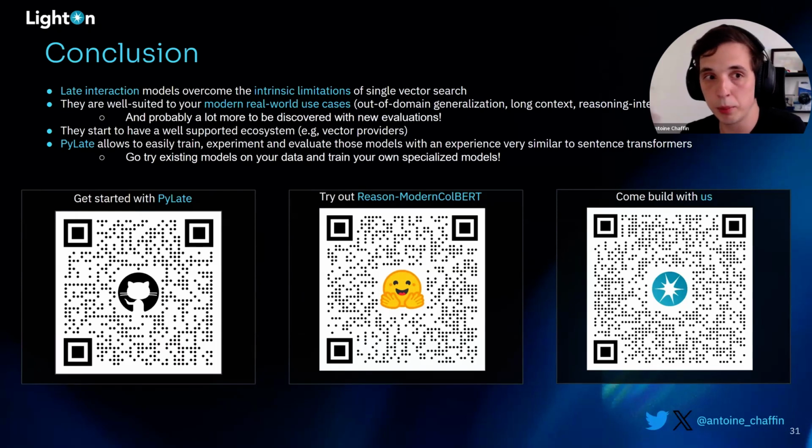And in order to empower everyone with these models, we built PyLate, which allows you to train, experiment, and evaluate late interaction models while being as close as possible to the sentence transformers experience you are already familiar with. And so really, you do not have any excuse anymore to not at least try the existing models on your data and even take it a step further by training your own model on your existing setup.